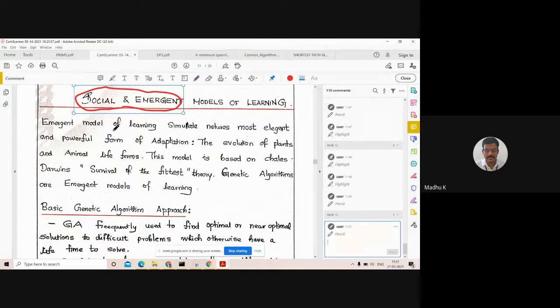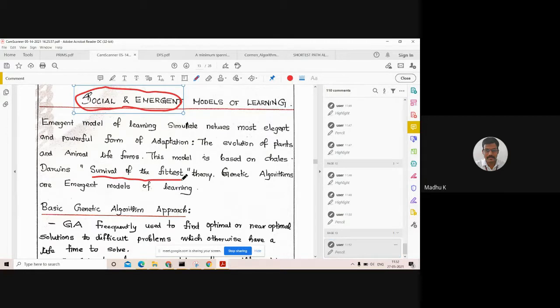So what is the emergent model of learning? The emergent model of learning simulates nature's most elegant and powerful form of adaptation. For example, it is based on the principle of the survival of the fittest theory. You know what the survival of the fittest theory is?